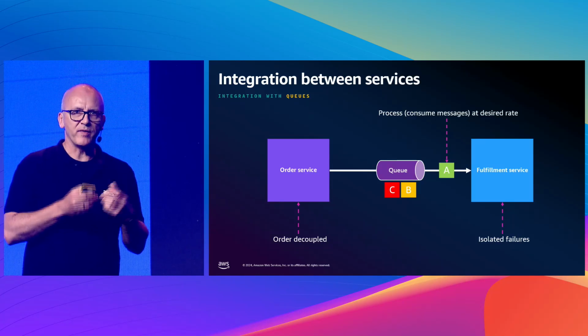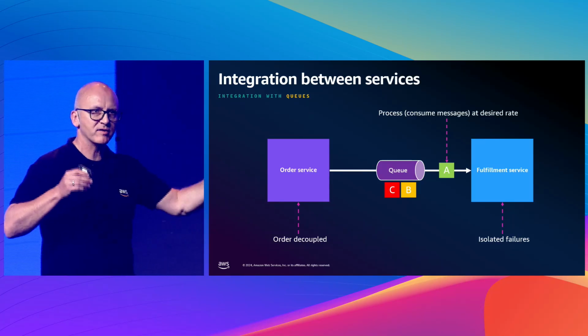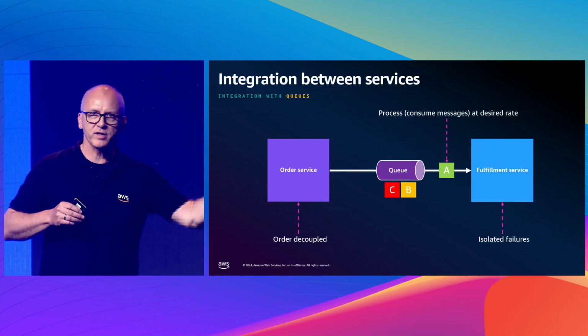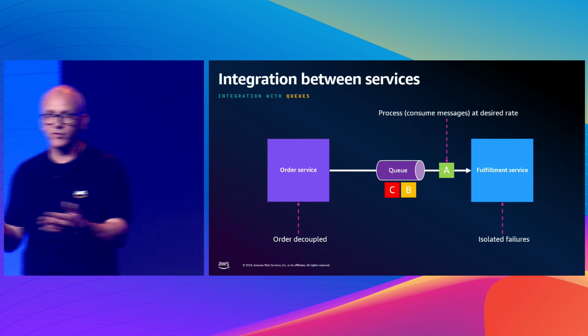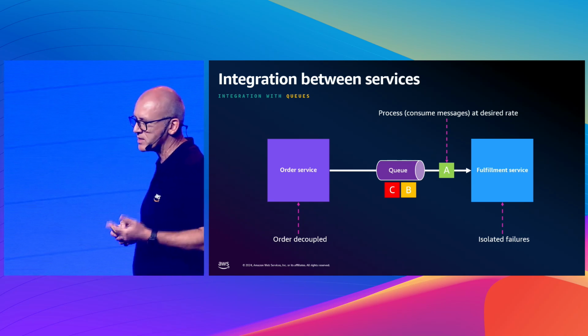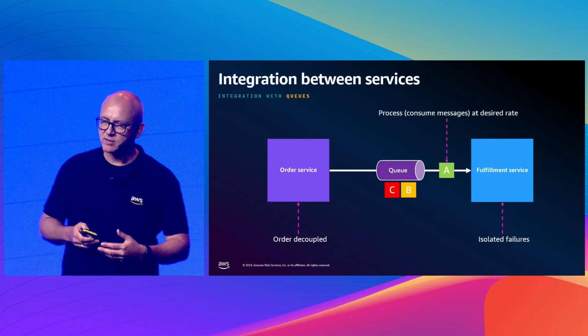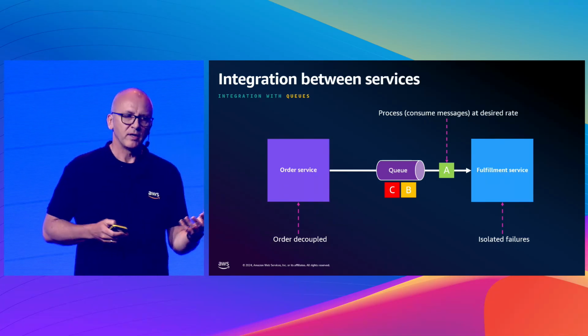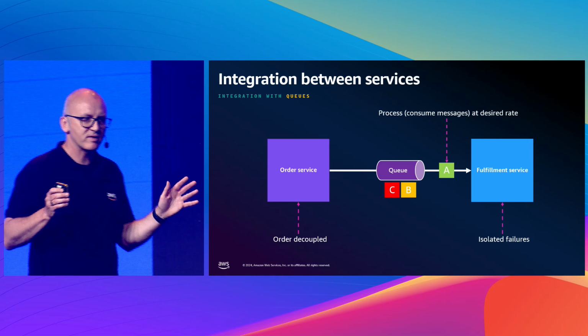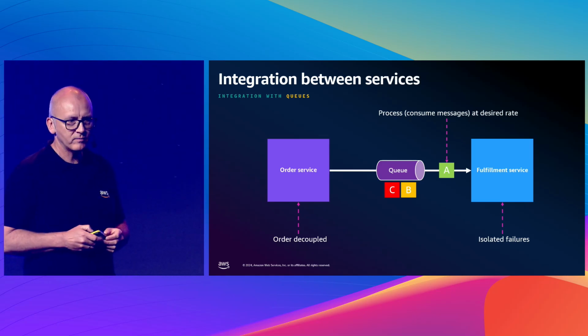Also, having the queue in the middle between these two systems decouples them from each other in the sense that the order service doesn't have to know anything about the fulfillment service anymore, and vice versa. Now, if something fails when the fulfillment service consumes a message from the queue, it is isolated there. The order service doesn't have to care at all.